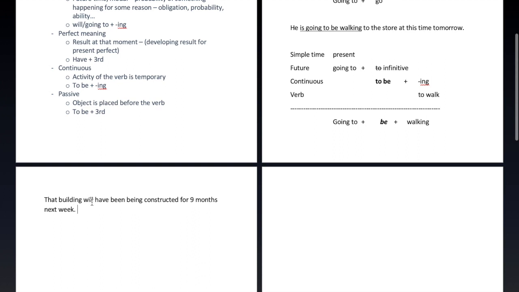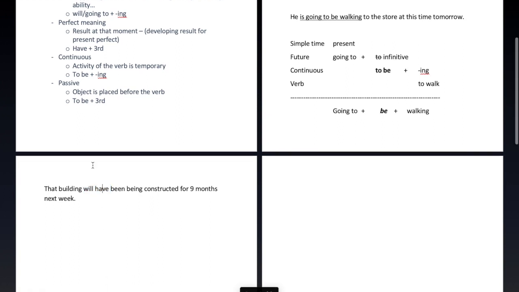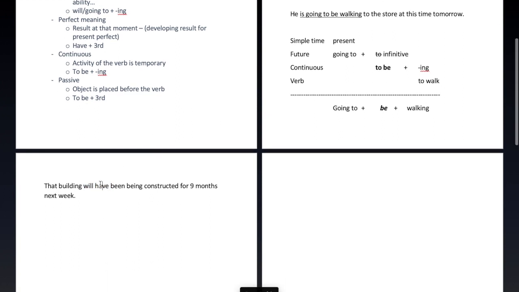Okay, so we're going to see that we have future construction here. Will plus infinitive without to. We've got the perfect construction, which is going to be have plus third form of the verb there. We have the continuous construction, which is be plus ing form of the verb, and then we have the passive construction, which is be plus the third form of the verb.